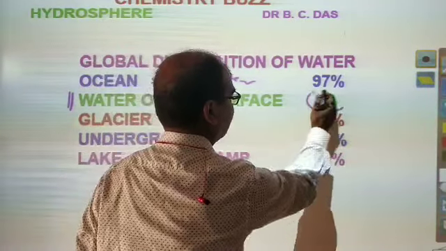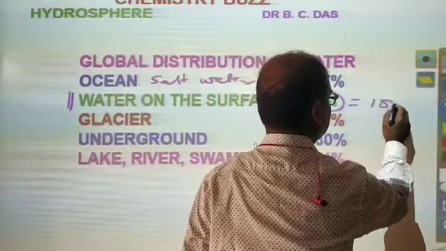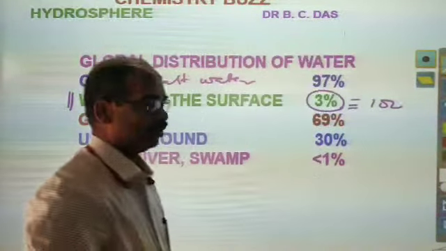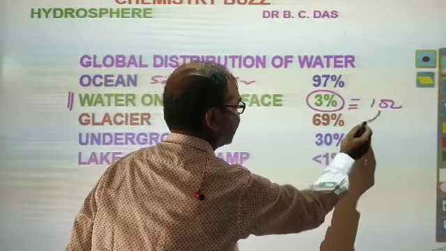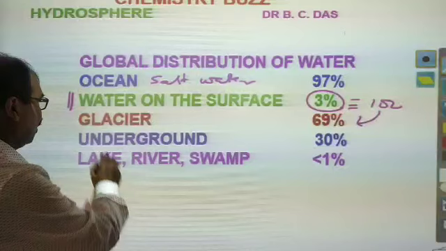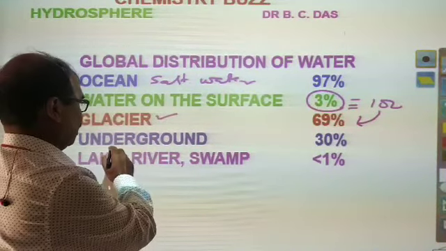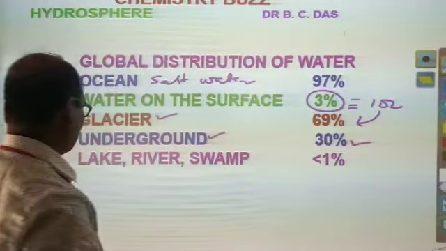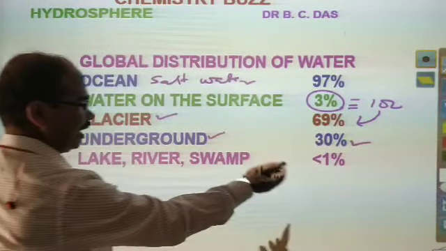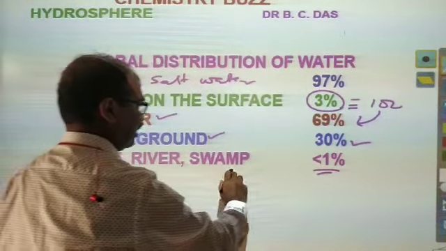Again, this 3% is taken as 100%, and out of that 100%, 69% occurs in the form of glaciers, and 30% occurs in the form of groundwater, and less than 1% occurs in lakes, rivers and swamps.